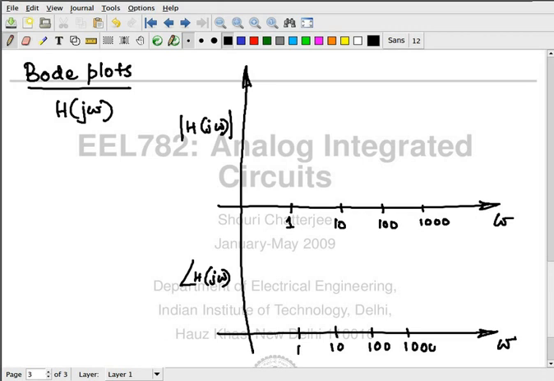So, in fact, what engineers prefer to do is, instead of writing the modulus of H(jω), they write it in decibels. So if H(jω) has some unit, like the transconductance, which is in Siemens, it's simply decibels about the modulus.